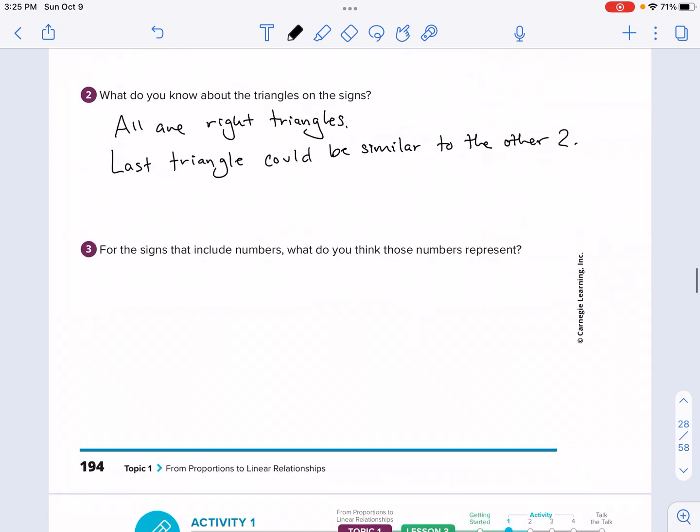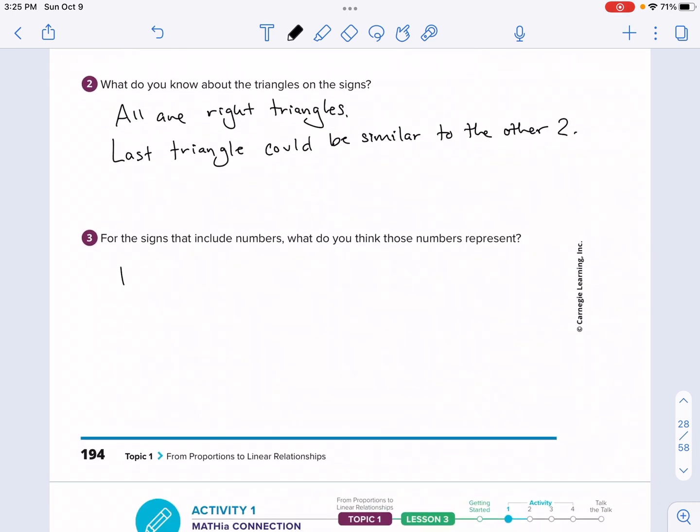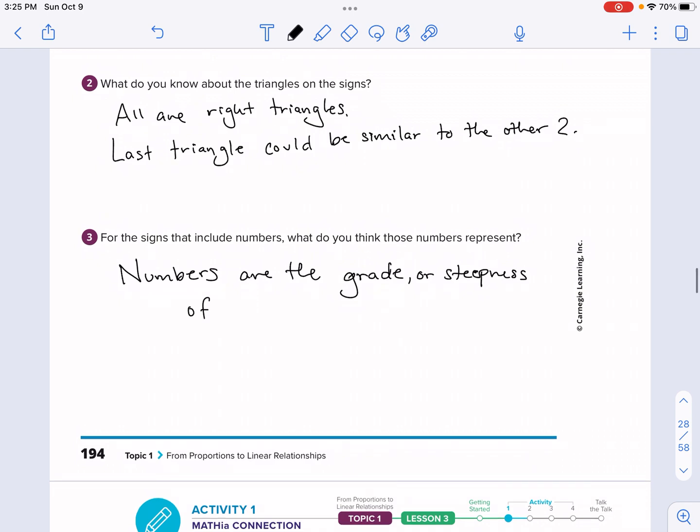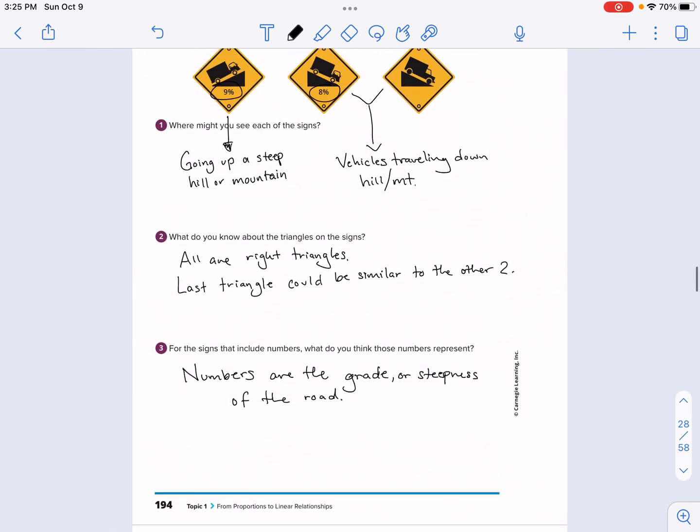The numbers are, when you're driving on a road, you call this the grade or gradient, but we could also say steepness of the road. Okay. Now for this, we'd say 9% is probably going to be steeper than 8%. But we'll work more on this in activity 1.